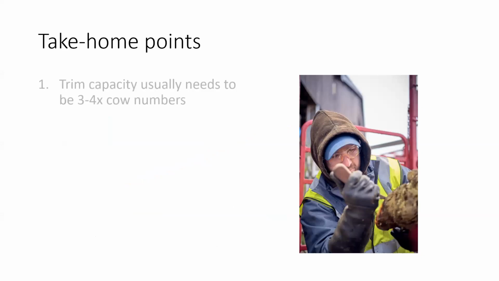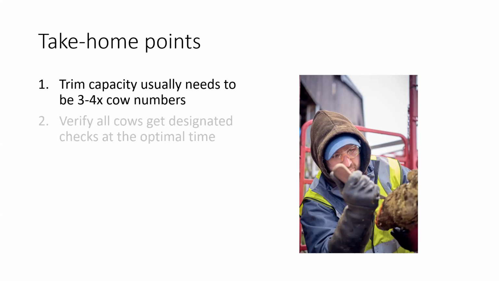So the take-home points is, when we're looking at routine foot check data, it's good to look at the trim capacity or the foot check capacity, make sure that we're hitting our desired. And for a lot of herds, housed herds, high-yielding herds, that probably needs to be 3 to 4 foot checks per year to account for the lame cows and the extra routine checks for the problem cows.